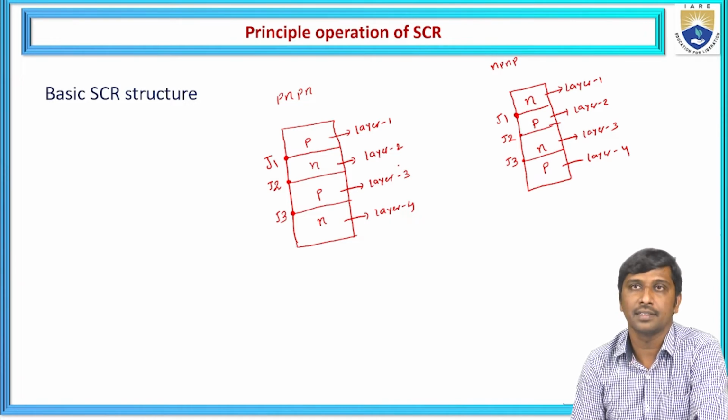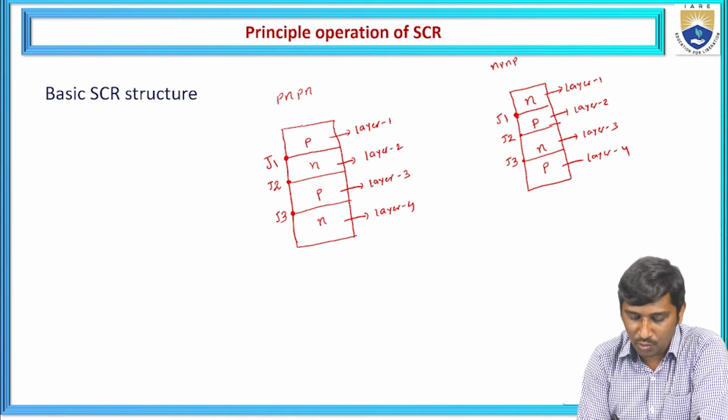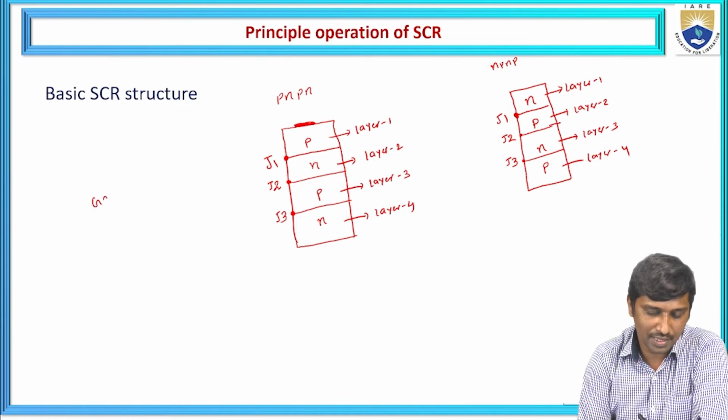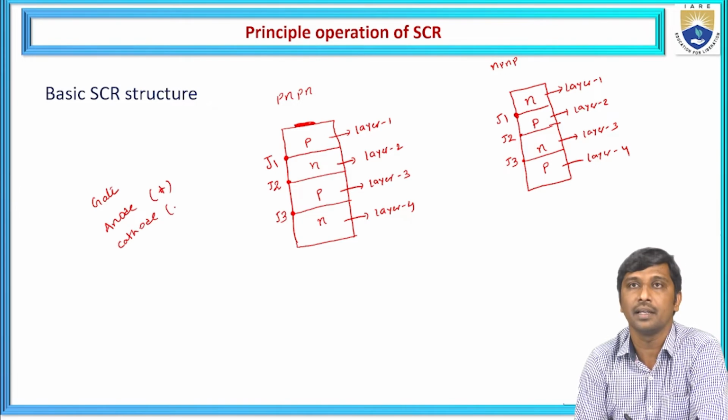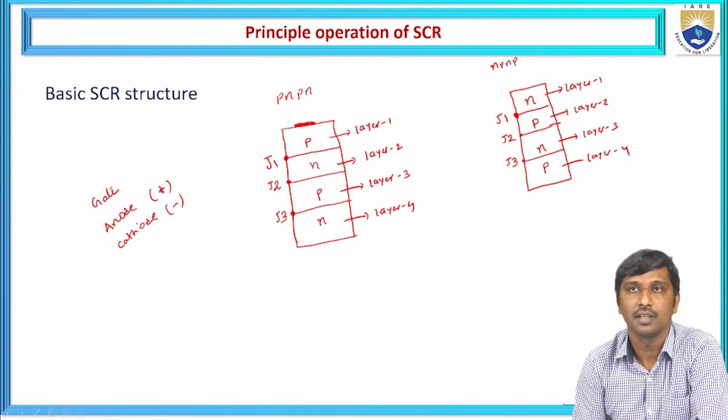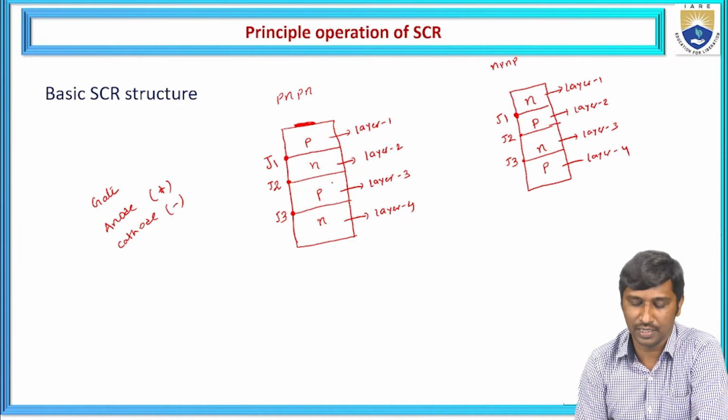It contains 3 terminals: one is gate, another one is anode, and another one is cathode. In most cases the anode is positive polarity and the cathode is negative polarity. Based on this, we place the electrodes, and those electrodes act as the terminals of the silicon control rectifier.